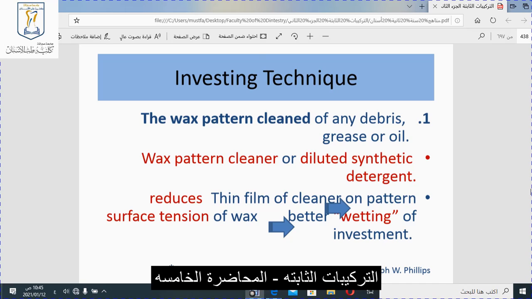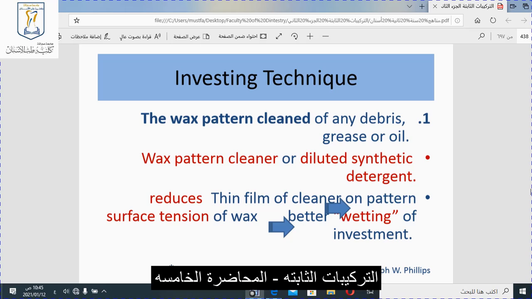Next is the wax pattern preparation technique. The wax pattern must be cleaned with a diluted detergent to remove any debris and any oil or grease material, because these are used during wax pattern construction.